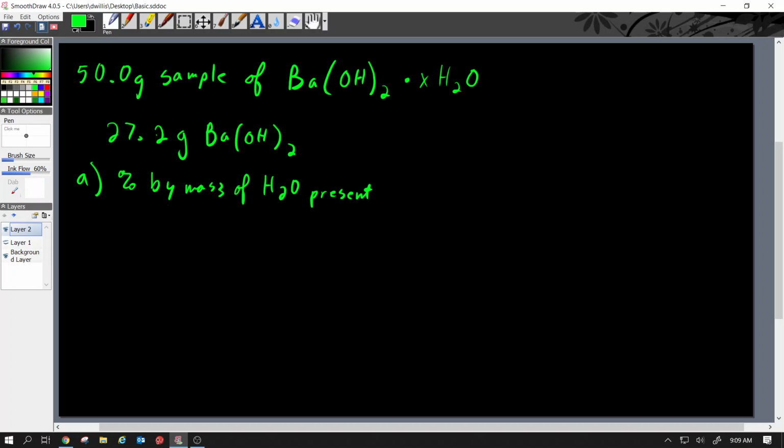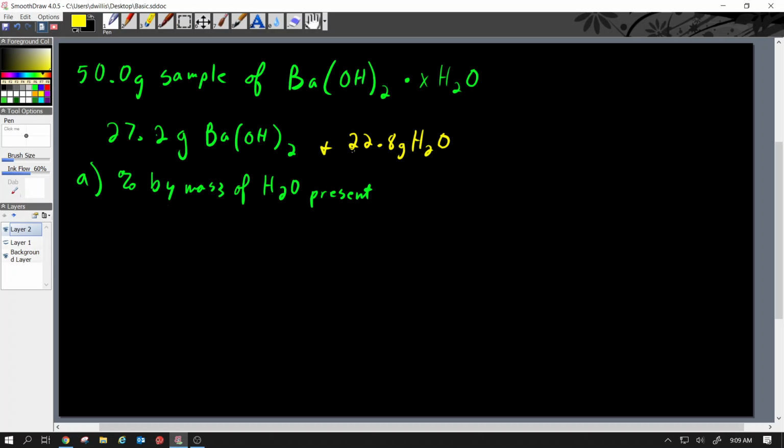If I had a 50 gram sample and 27.2 was barium hydroxide, how much of it was water? I'll give you a hint. Take 50 and take this away. 22.8. So about 22.8 grams of water.